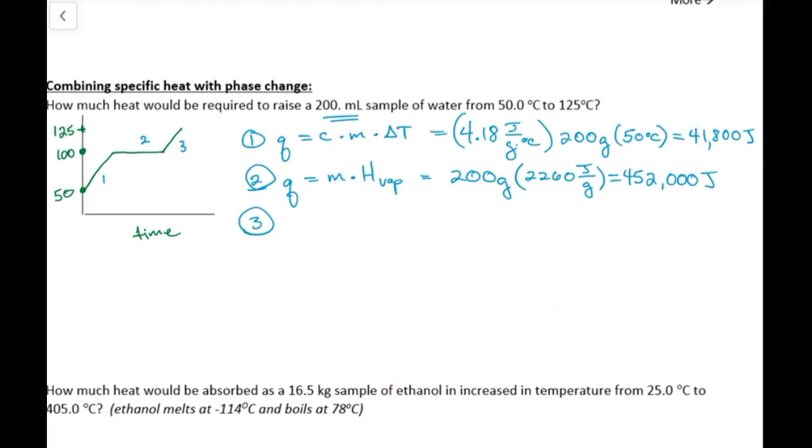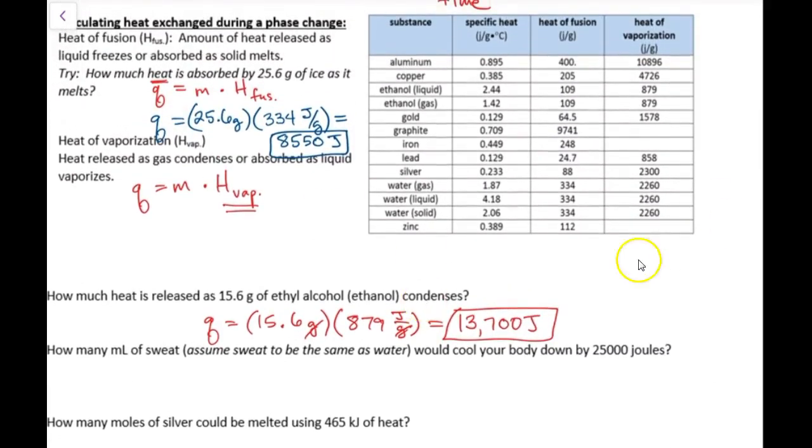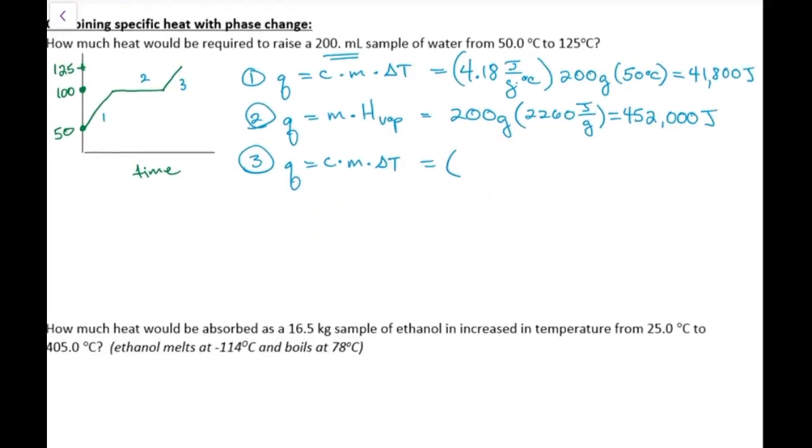All right, and then step 3, we're going up in temperature again. So which equation are we going to use if we have a delta T? We're going to use this first equation again, right? So Q equals C times M times delta T. Just be careful. This specific heat for water in this state, which would be a gas because it's above the boiling point, is different from the specific heat of water when it was a liquid. And if you look it up on the table, our specific heat for water as a gas is only 1.87, so it's quite a bit smaller than water as a liquid.